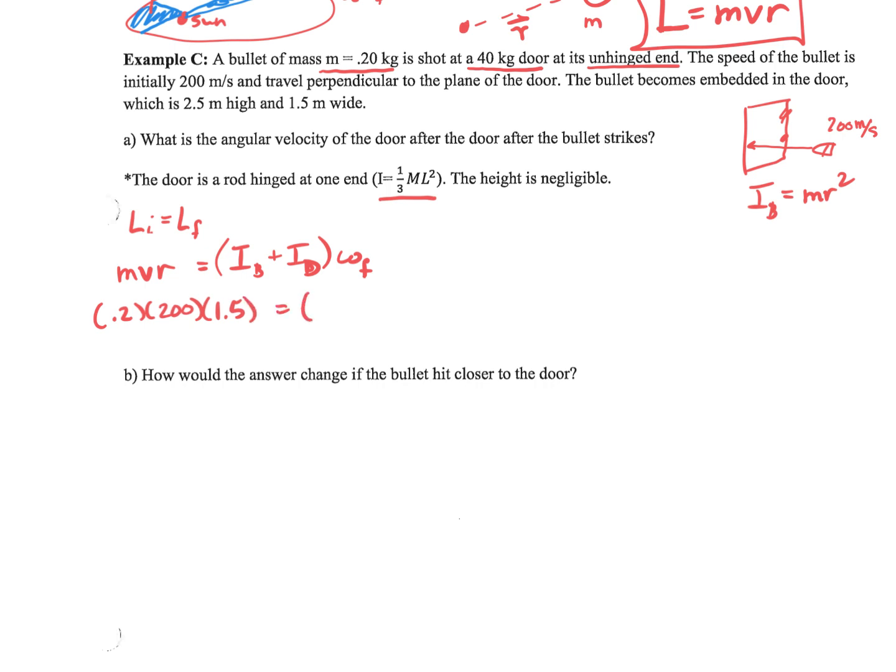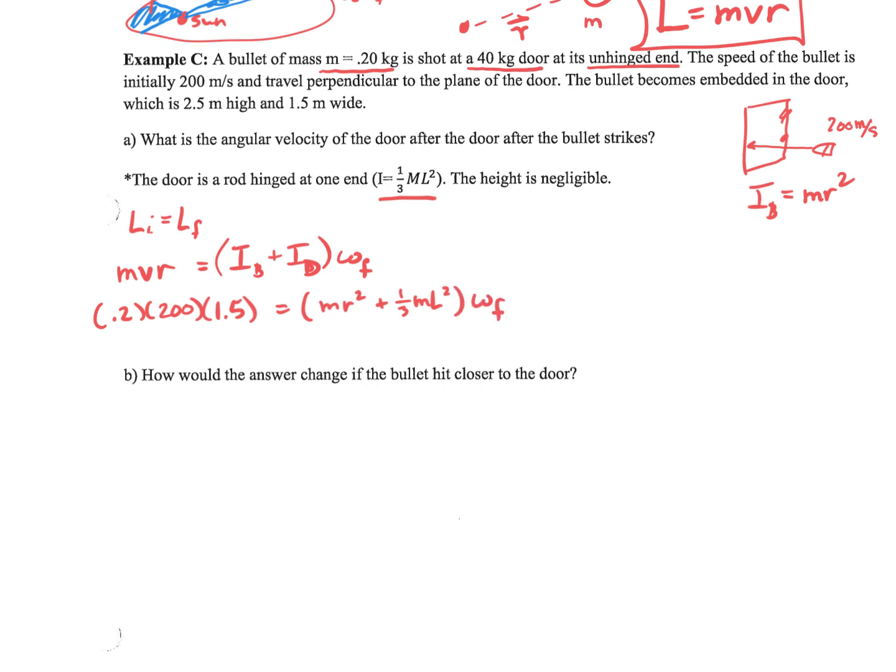That's equal to I for the bullet, mr squared, plus 1/3 ML squared, times omega final.